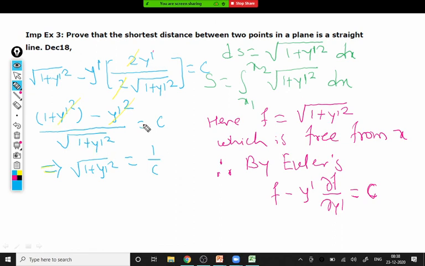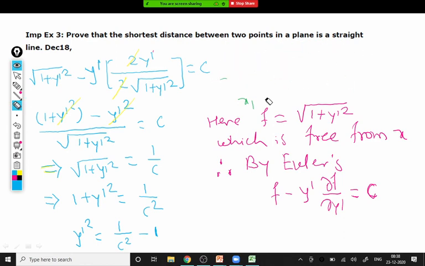Squaring both sides, 1 plus y dash square becomes 1 by c square. So y dash square will become 1 by c square minus 1. Any doubt up to this step? No, sir.